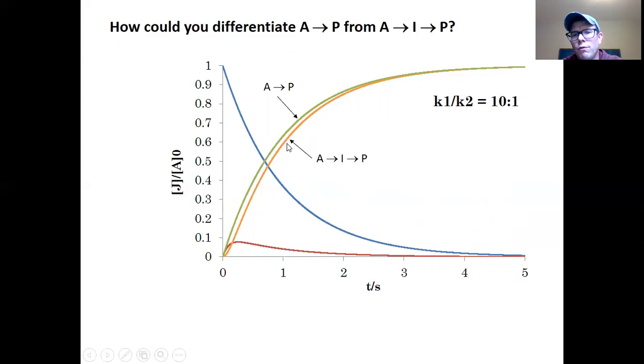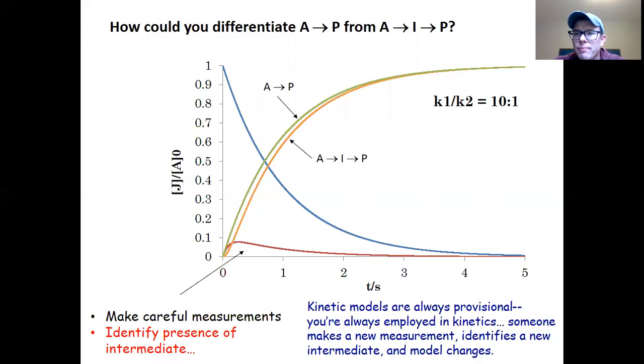Here's what it looks like if you form the product through an intermediate. Here's what it looks like if you form it directly. So it's not clear exactly how you would differentiate these things. What you might intuit is that the giant difference between these two scenarios is this curve here. So the way you differentiate these mechanisms is either by making very careful measurements of these differences or identifying the presence of intermediates.